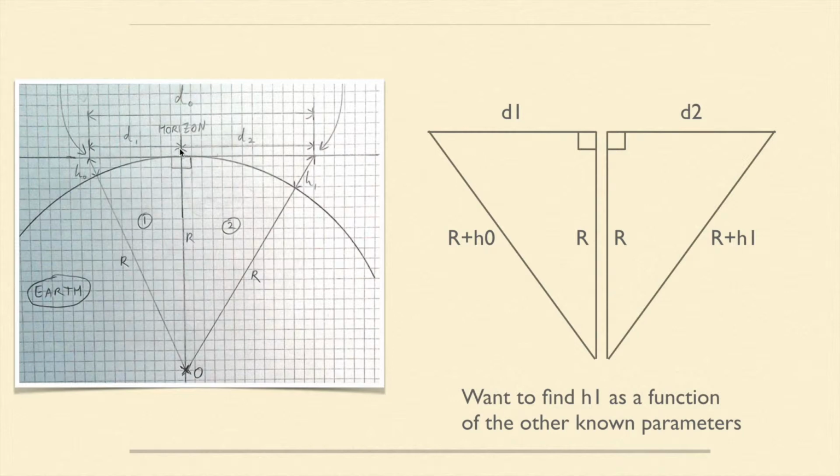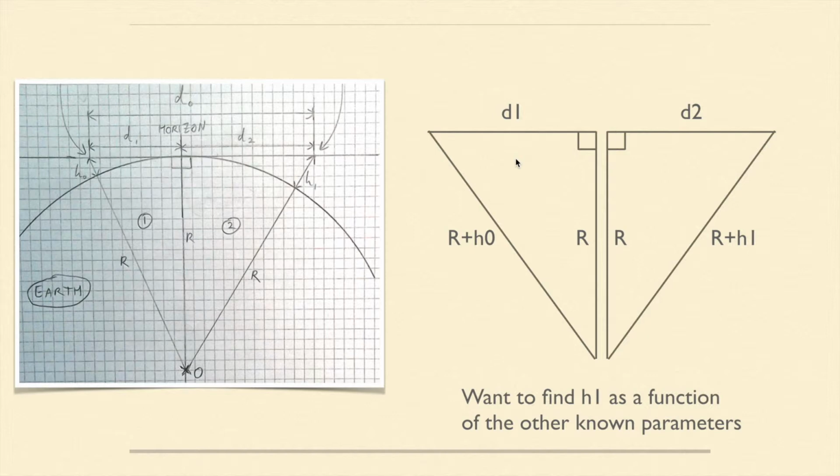The next triangle will be the same type of logic. We have the radius of the Earth here, and we have the target hidden height here, which is h1. And we have d2 here, which is the distance to the horizon the other way. So we have these two triangles.